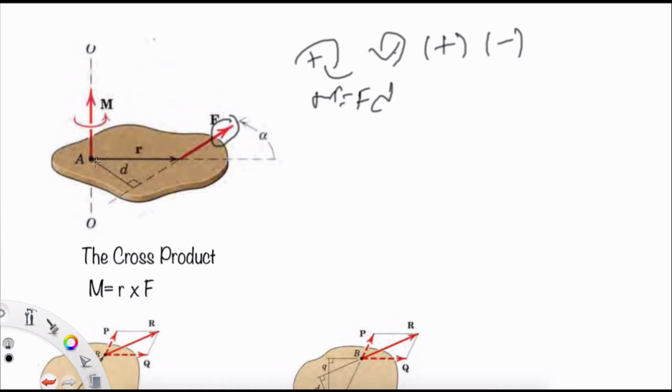Now in a condition like this, we can use what we call the cross product. By using the cross product, we have a new equation that generalizes the previous one.